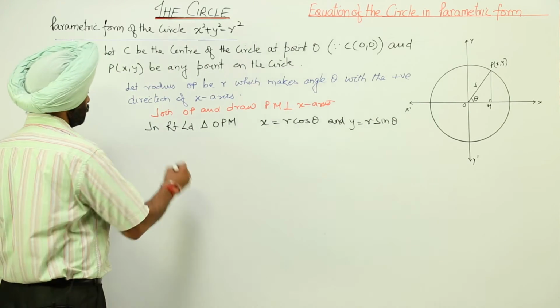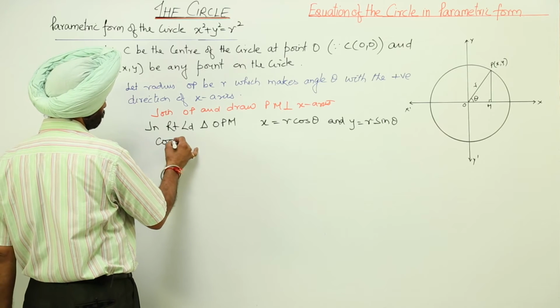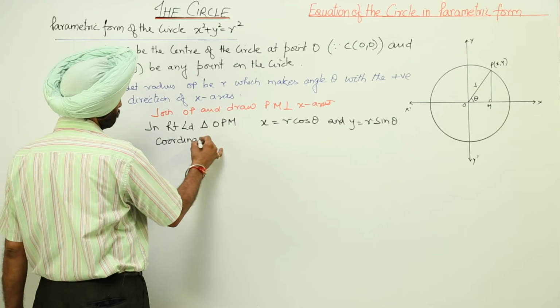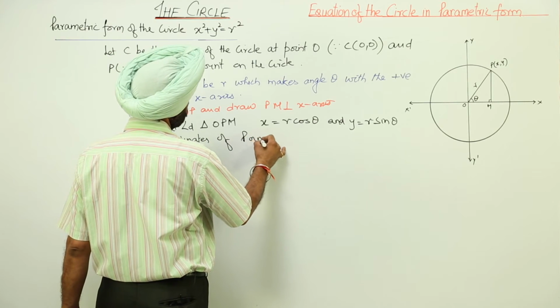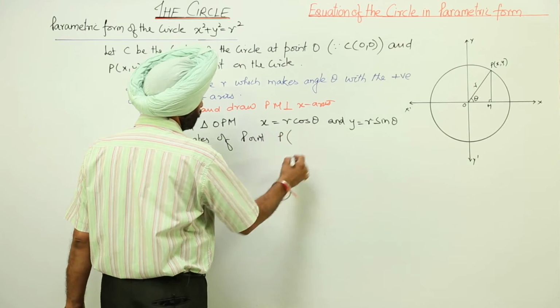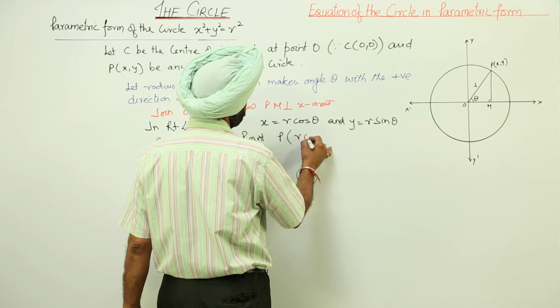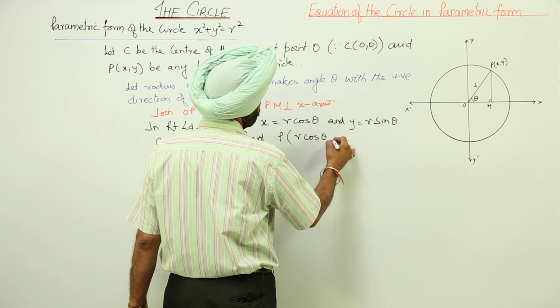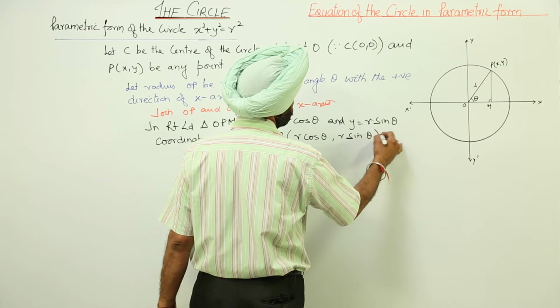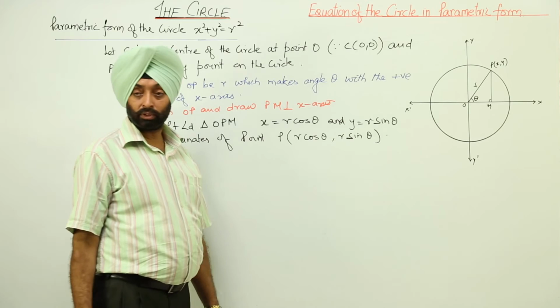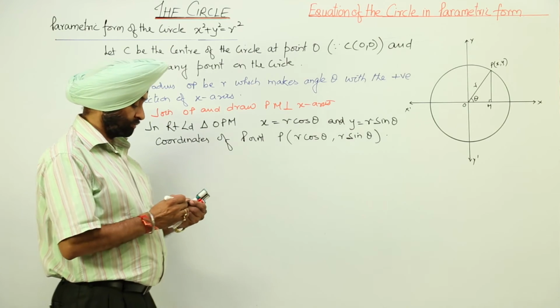Is it clear? Now, coordinates of point P become (r cos theta, r sin theta). Is it clear?